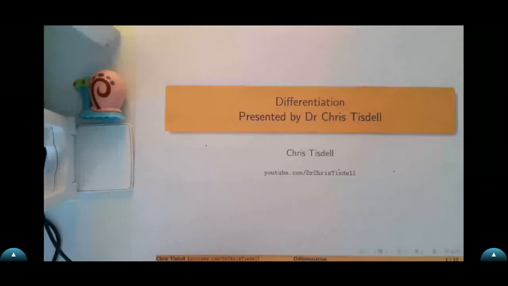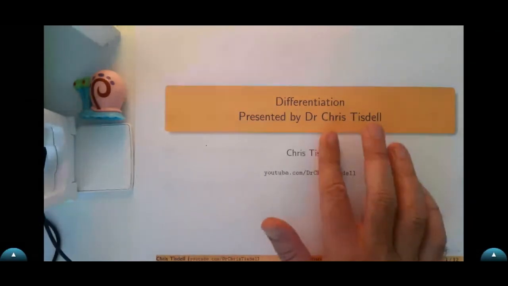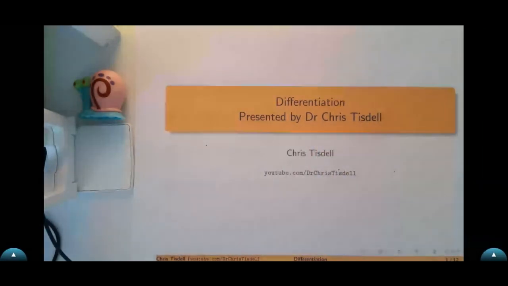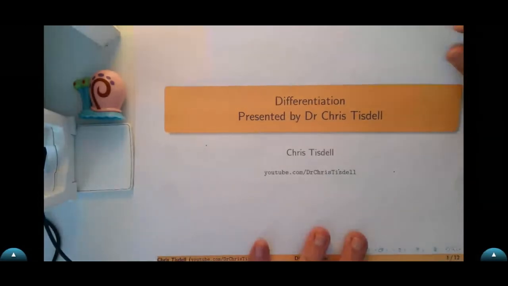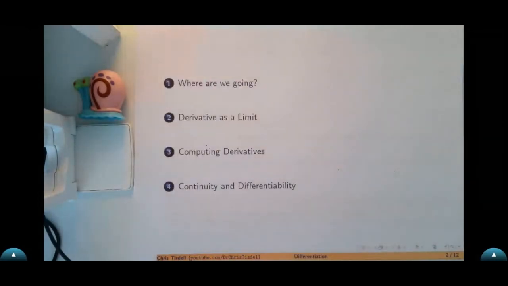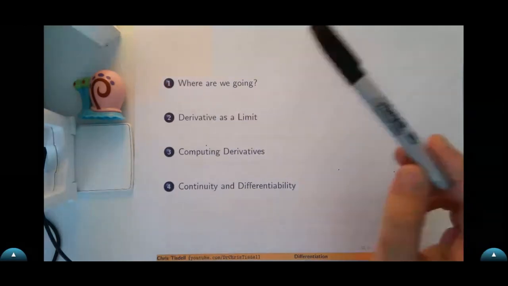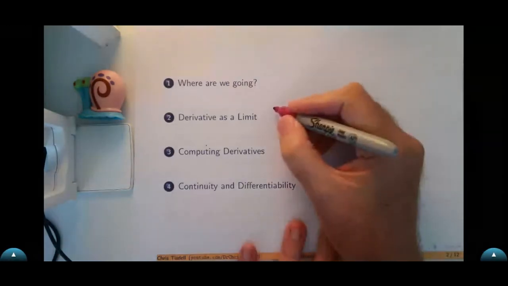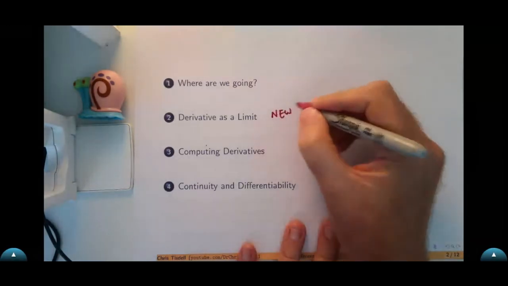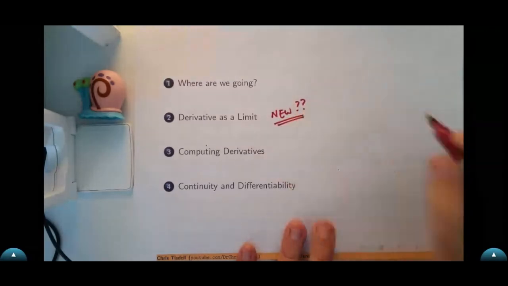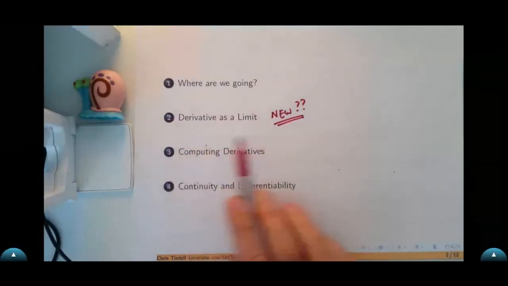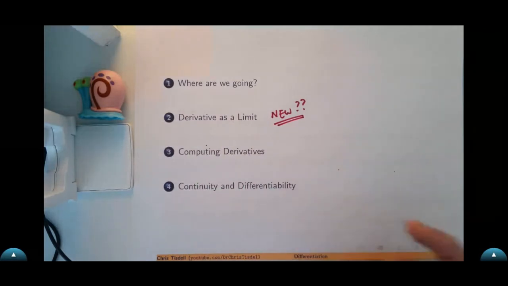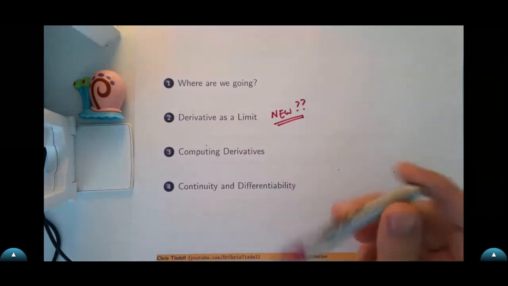All right. So today is differentiation, and it's reasonably introductory, and I hope you remember a lot of it. If you've forgotten it, not a problem. We're going to look at the derivative as a limit. Now, this might be new to you, okay? And these kind of questions are favorite questions that you might see on an exam or a class test or something like that.